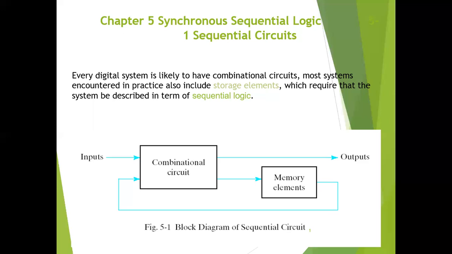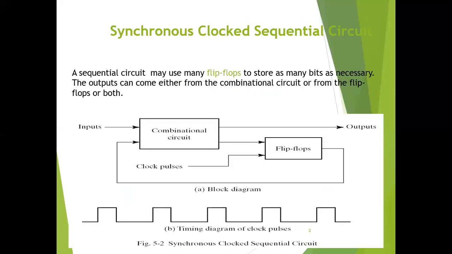There are two main types of sequential circuits, depending upon the timing of their signals. One of them is the synchronous sequential circuit, and the other is the asynchronous sequential circuit.